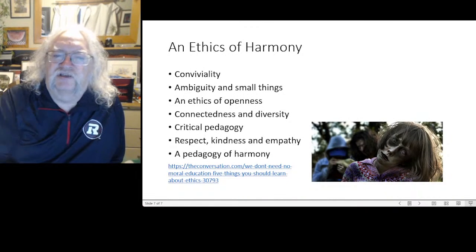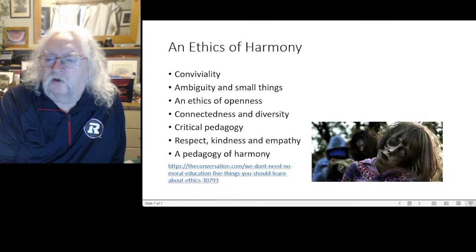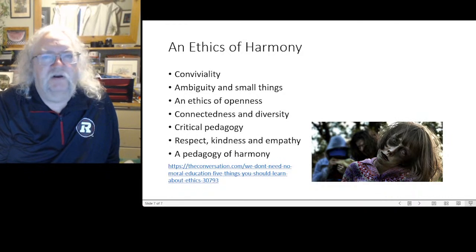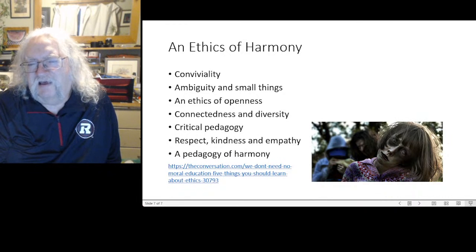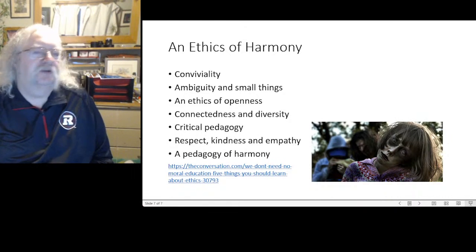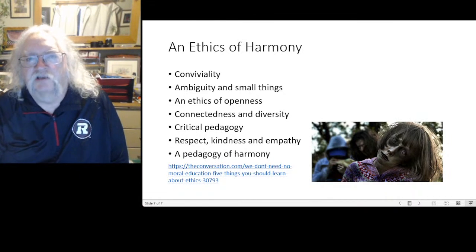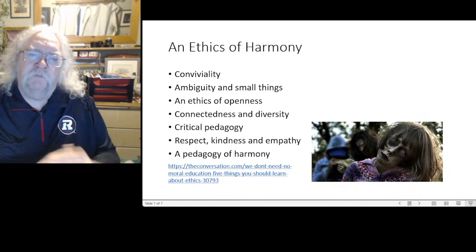And that brings us to what I'll call an ethics of harmony, based on a concept of a pedagogy of harmony. And I'll wave my arms a bit, because these aren't going to be clearly defined concepts, nor do I want them to be.